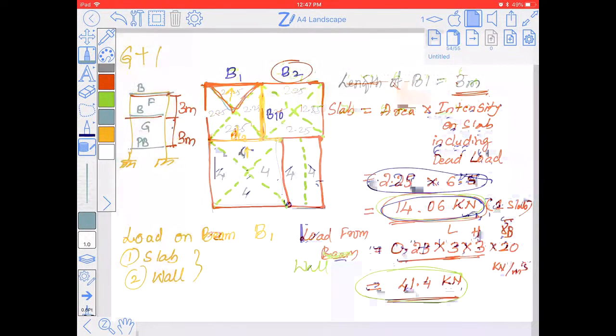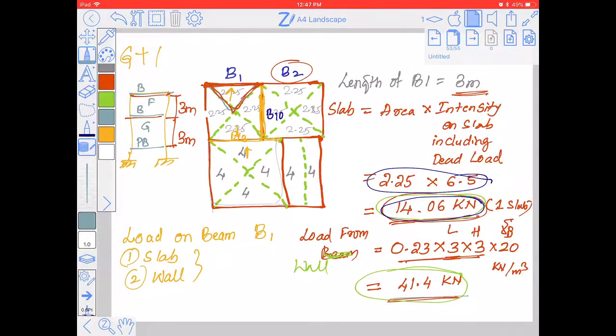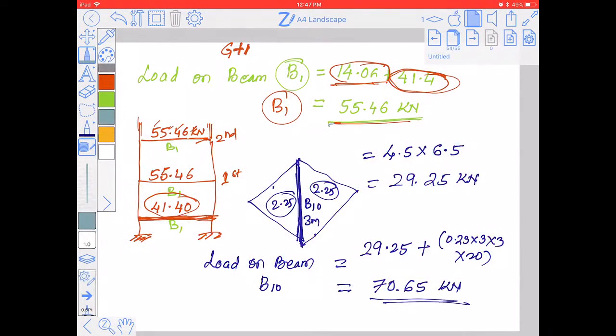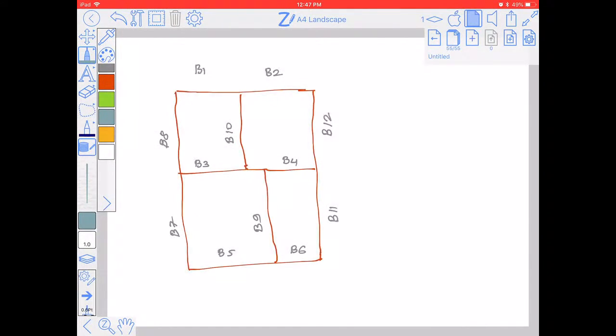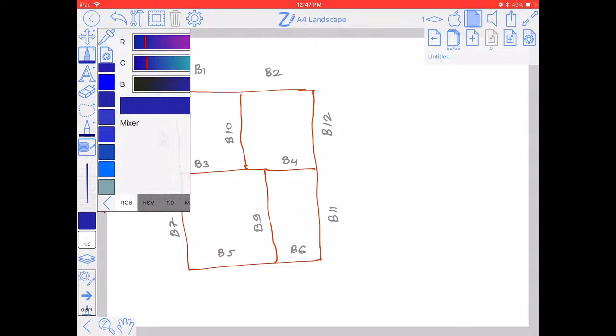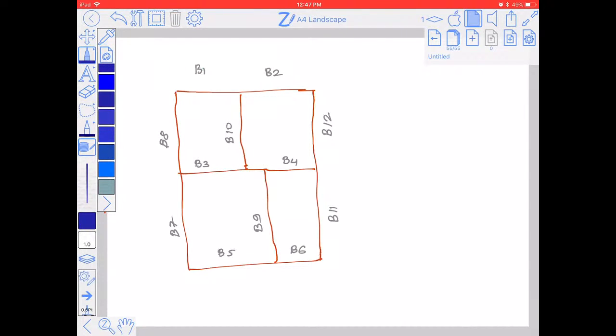B1 carries a total load of 55.46. B2 also carries a load of 55.46.